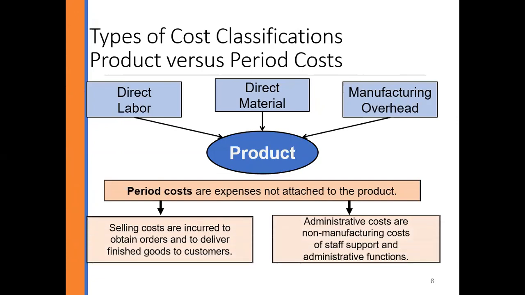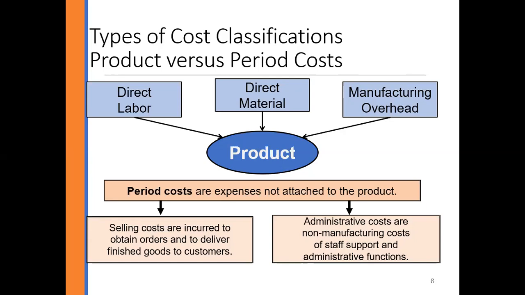All right, so here are our three main manufacturing costs, and we're going to do an exercise the first day of class where we get practice going through and distinguishing between these. But overall, we can divide all costs into either product costs or period costs, right?